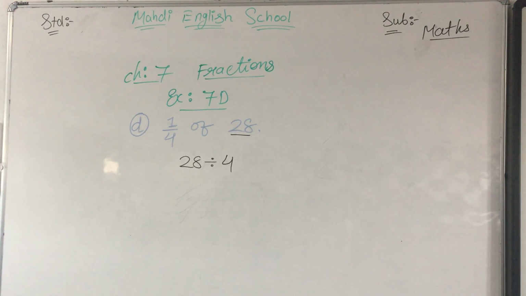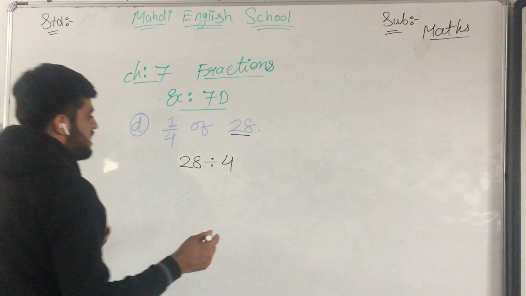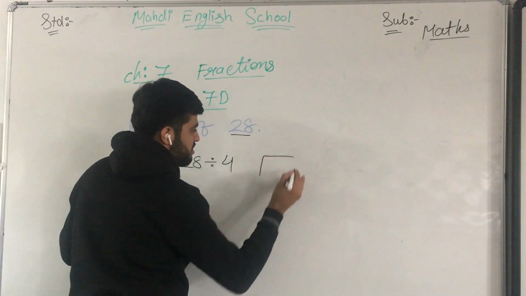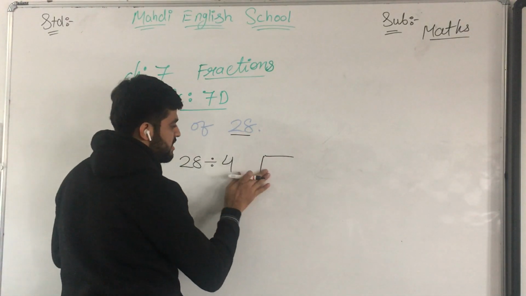Then after, the answer is what? 7. And 7 multiplies with which number? 7 multiplies with the numerator. So 7 ones are 7. Understood? Now let's check, and you also check whether your sum is correct or incorrect.